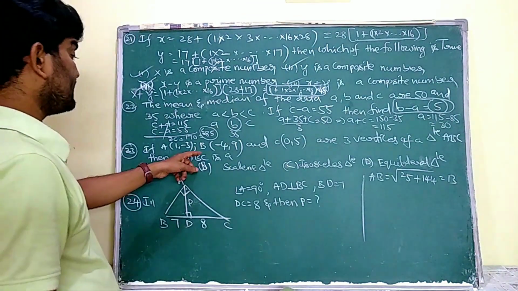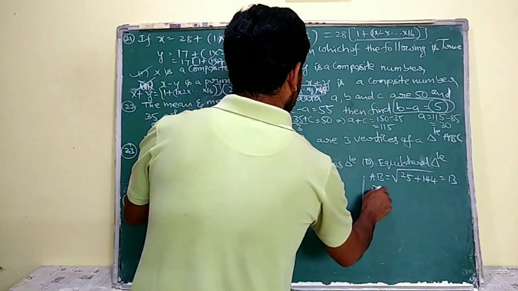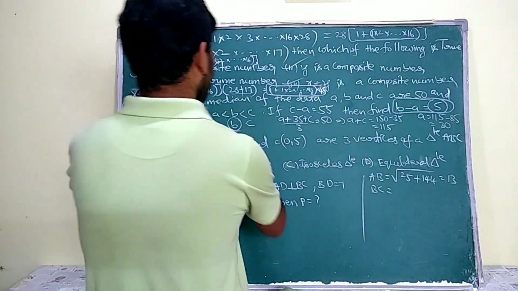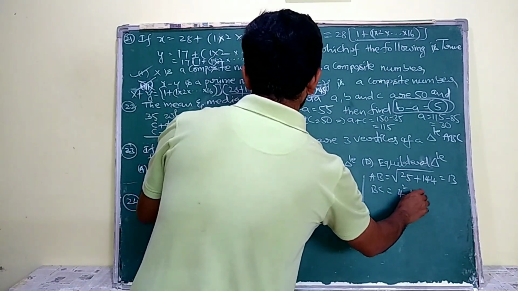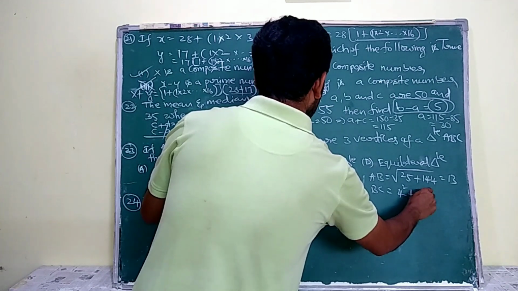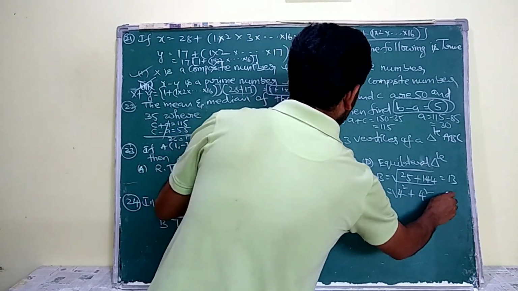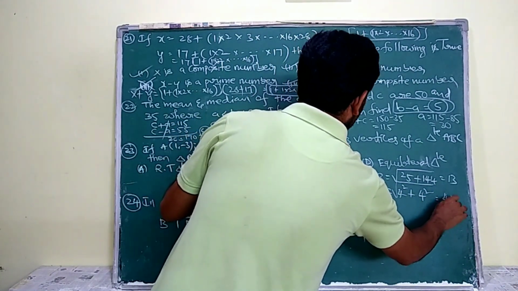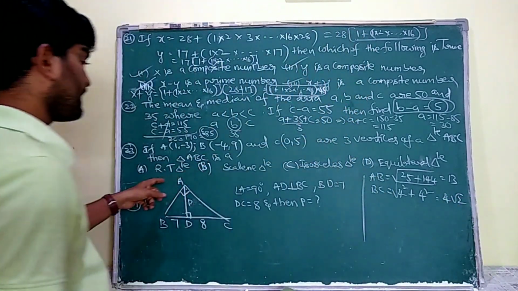Now, BC we have to find. The distance BC, 4 square plus 4 square, that is equal to 4 root 2.